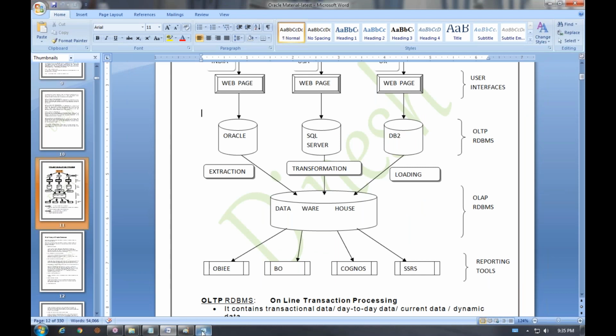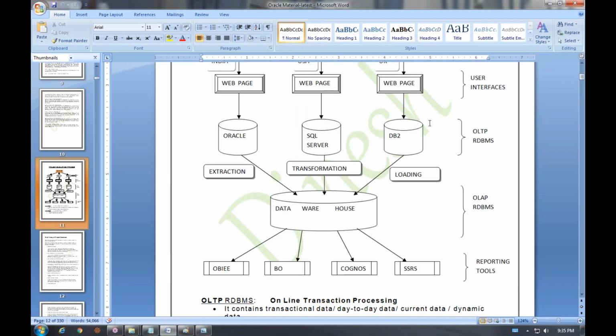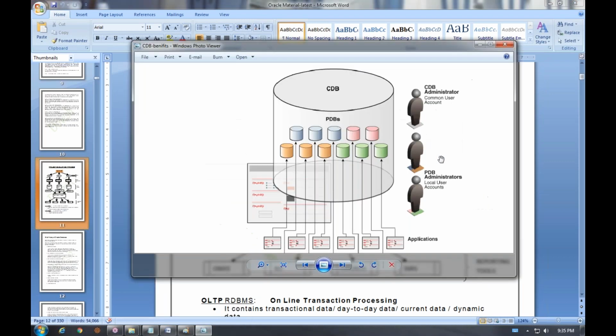But if I make any changes in the common database, the change is immediately available to all other databases. So here we have only one level of security, only one DBA, but there we have multiple DBAs, more levels of security.